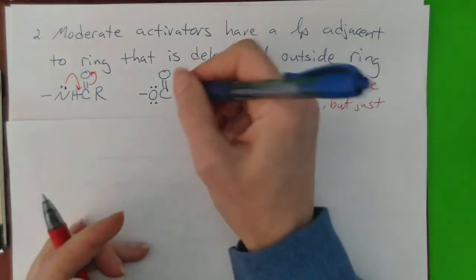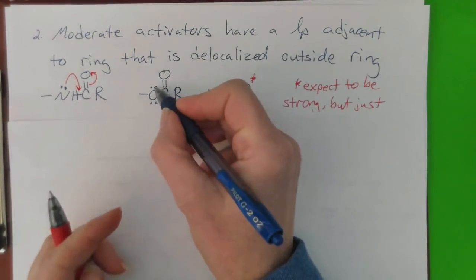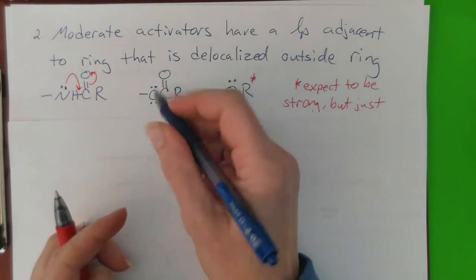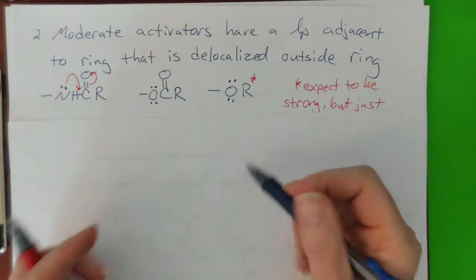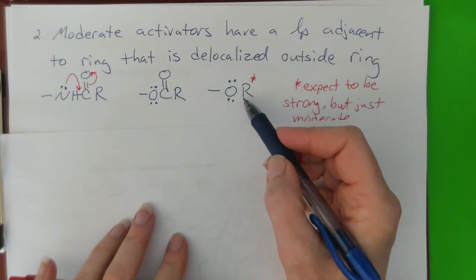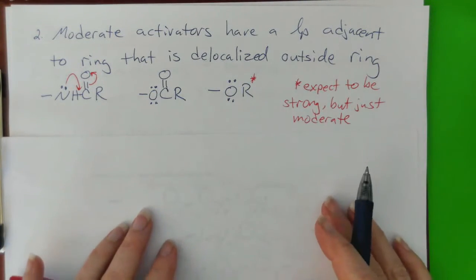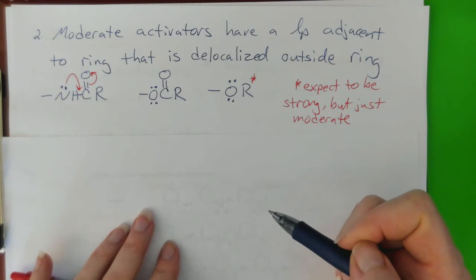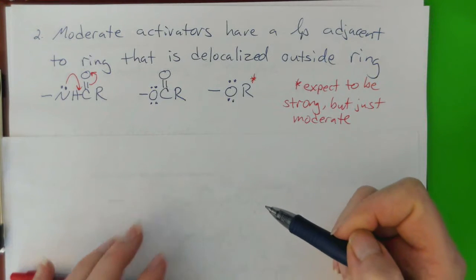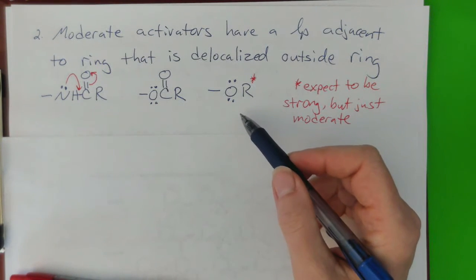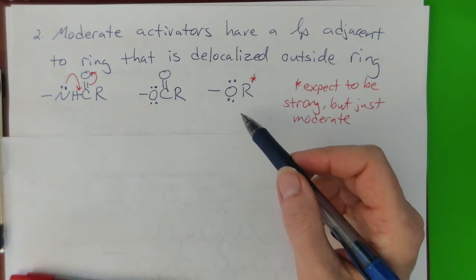And here, let me just put in our group here, same idea. I can take a pair of electrons, bump it down here, and then push this up outside of the ring. And here is your alkoxy group that you would expect to be strong, but it is moderate, and that's just one of the weirdos you have to know about. So this one is a little strange and doesn't quite follow that rule.